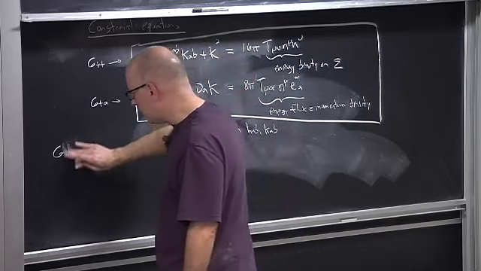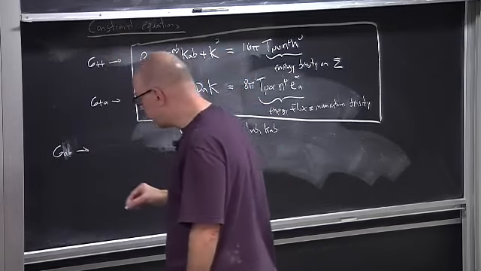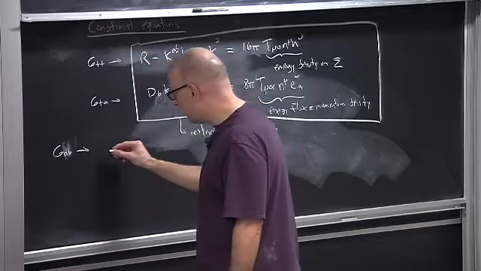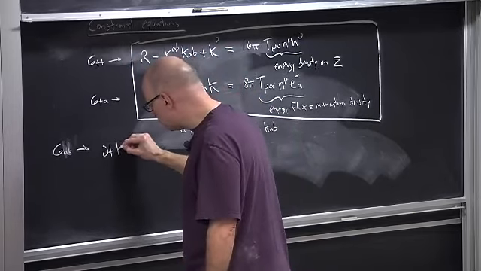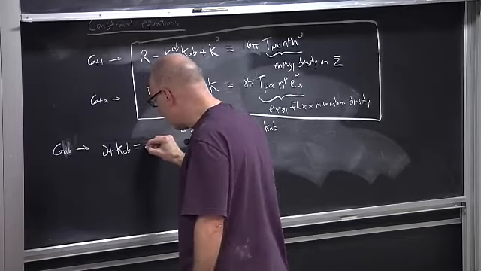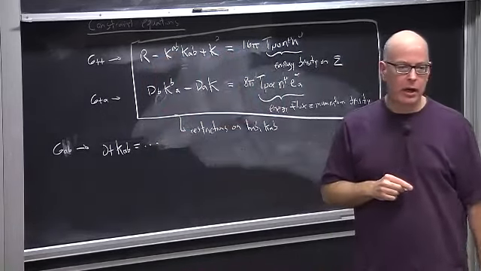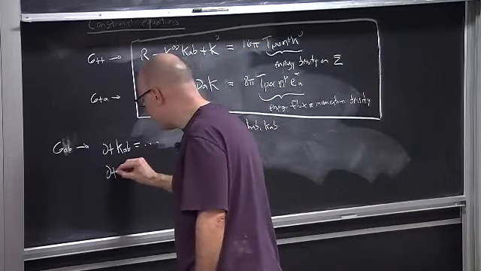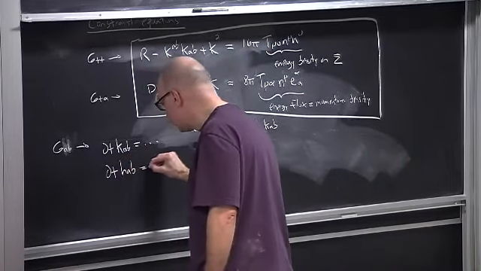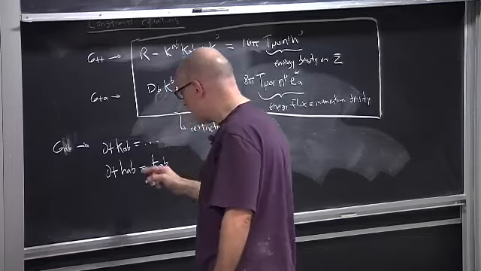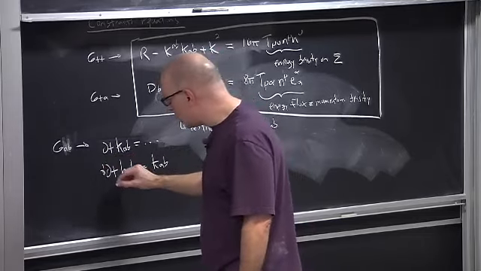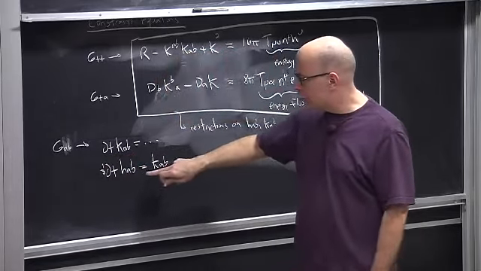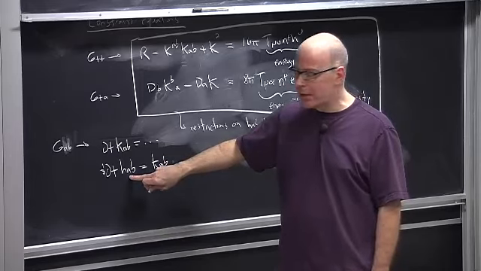the JAB equations have the flavor of being time evolution equations for the extrinsic curvature, and apart from a factor of 2, we have this definition of the extrinsic curvature in terms of the time derivative of the induced metric.